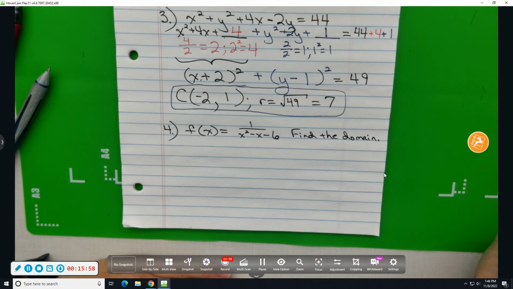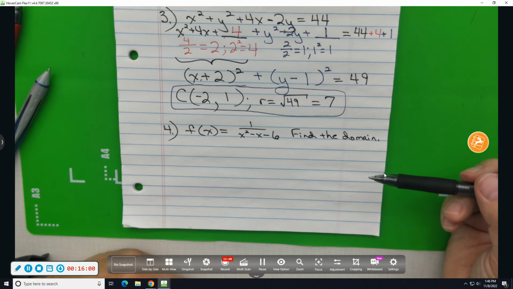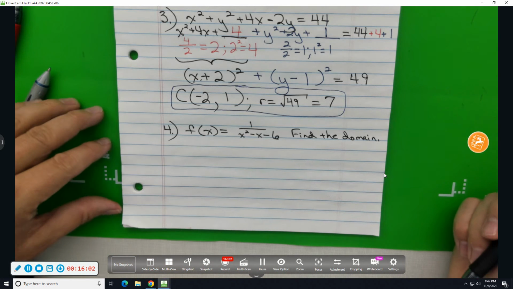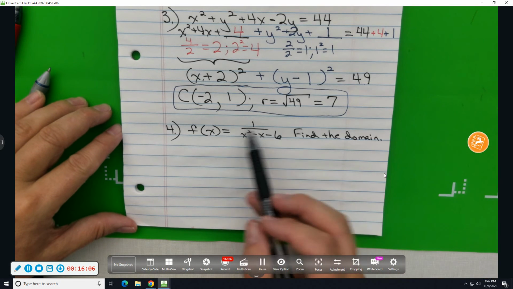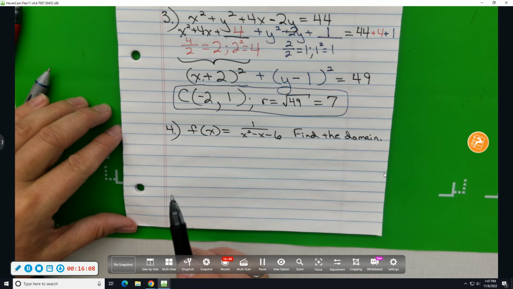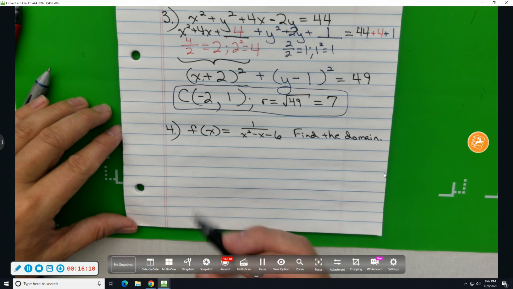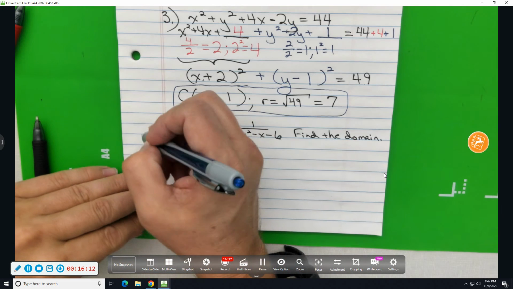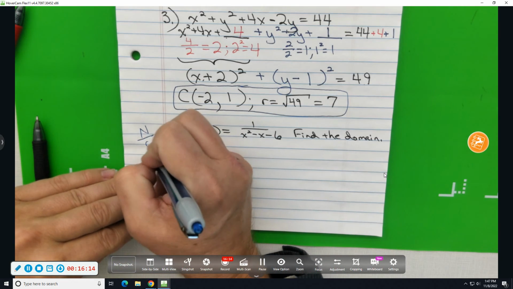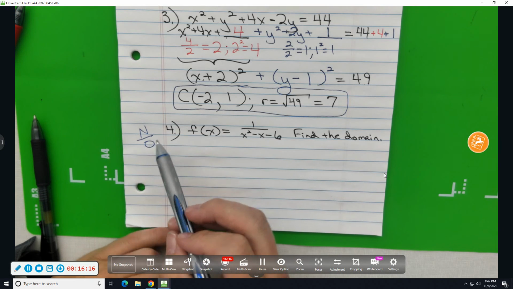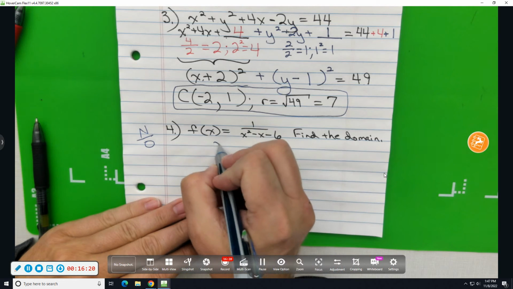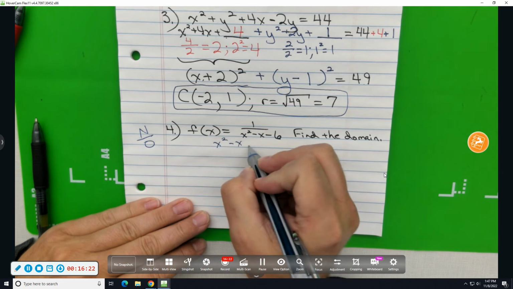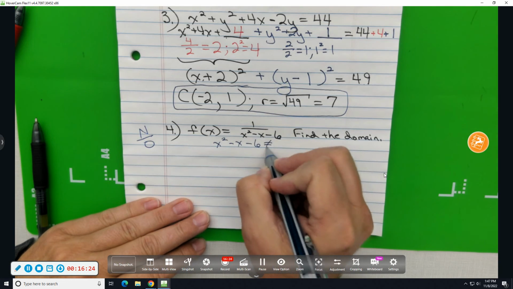And the answer is no, because there are no square roots. Then I ask myself, will there be any undefined results? Yes, this is a fraction. When is a fraction undefined? Remember what I said, n over o. That says no, you can't have that 0 in the denominator. So x squared minus x minus 6 cannot equal 0.